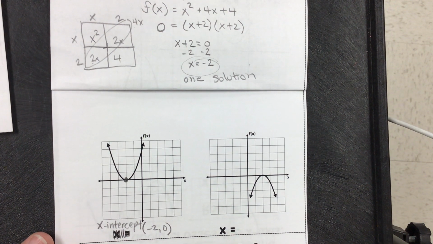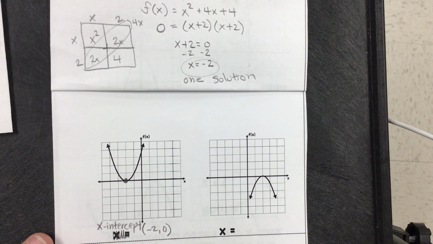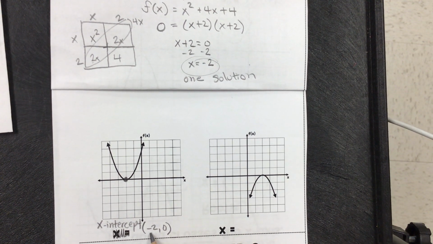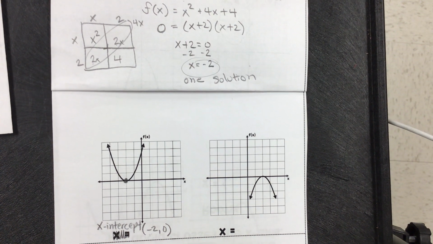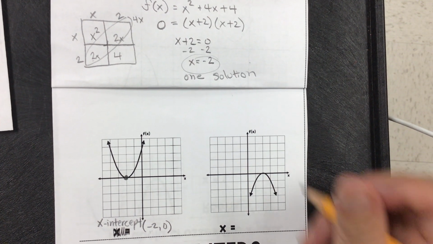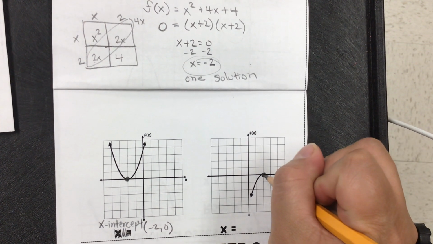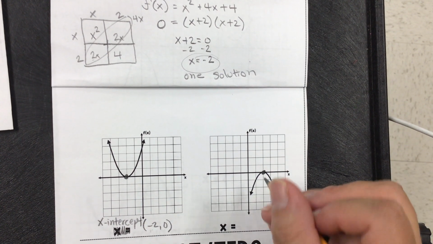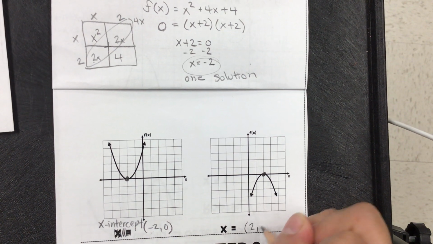But don't forget, it still means that negative 2 is the solution. Negative 2 is the root. Negative 2, 0 is the zero. Okay, and then right here, it touches the x-axis, having only one solution, and it is positive 2, 0.